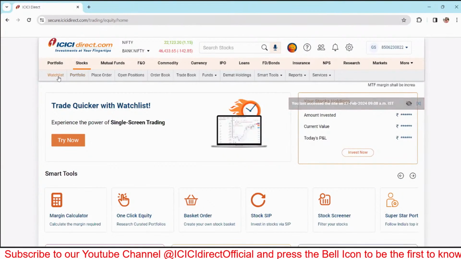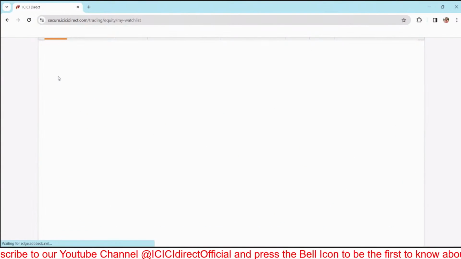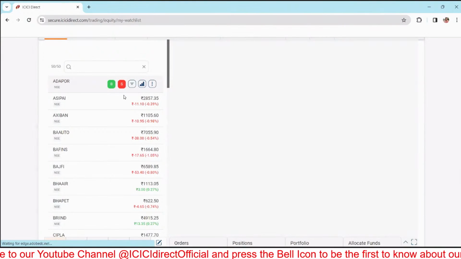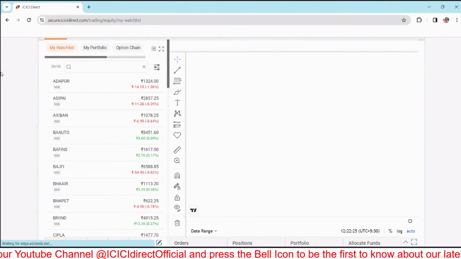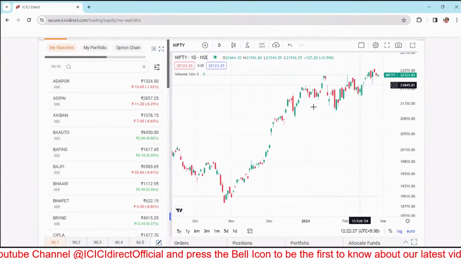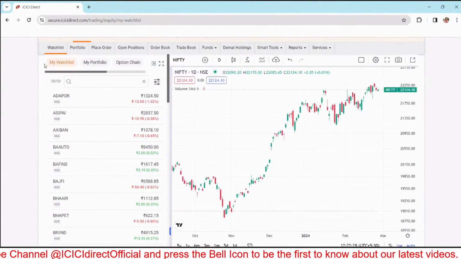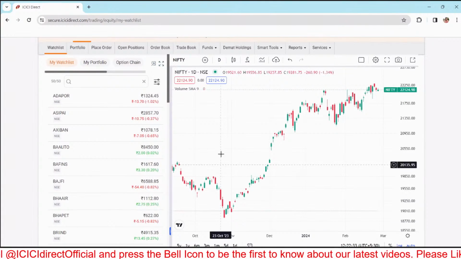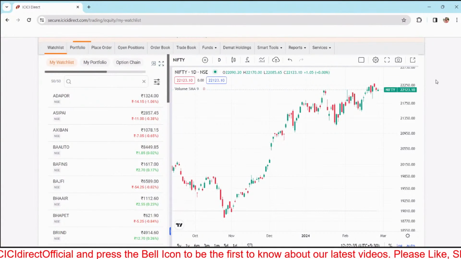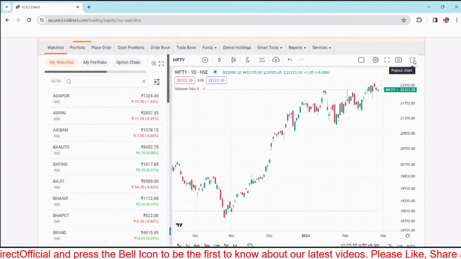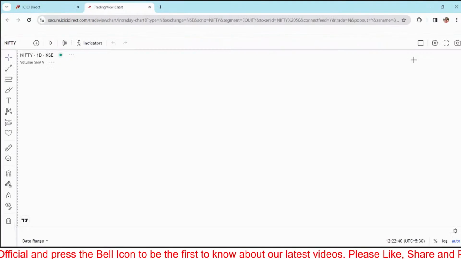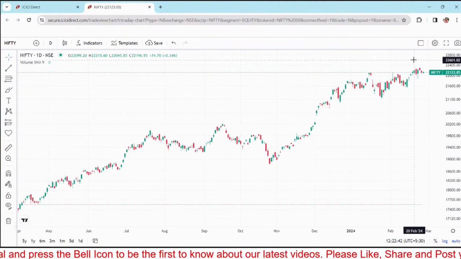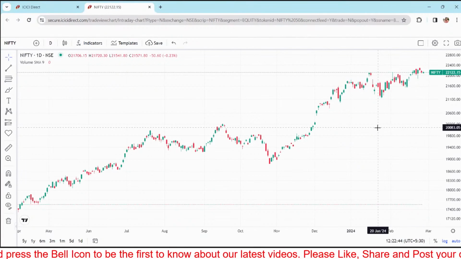So we are here. You can go to the watch list. Just click on watch list. From the watch list, we'll have this chart open. You can put your stock name here. On the right hand side, you can see Nifty's chart is open. We'll just enlarge it. To enlarge it, we just need to click on this pop out chart button. Just click on it. It will take you out to the TradingView side.